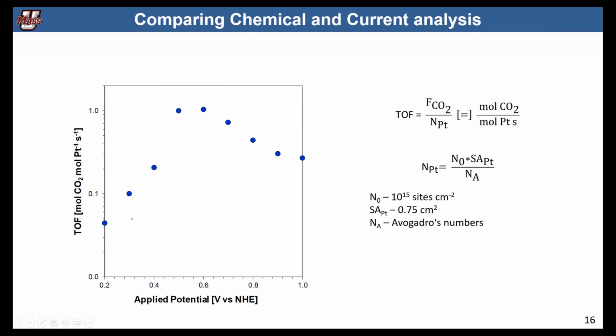So once we do that, we see this volcanic type relationship between the turnover frequency and applied potential, where here I have the voltage versus the normal hydrogen electrode scale. And this is pretty common for what's reported for this chemistry on platinum. You get a peak somewhere about 0.5 or 0.6 volts NHE.